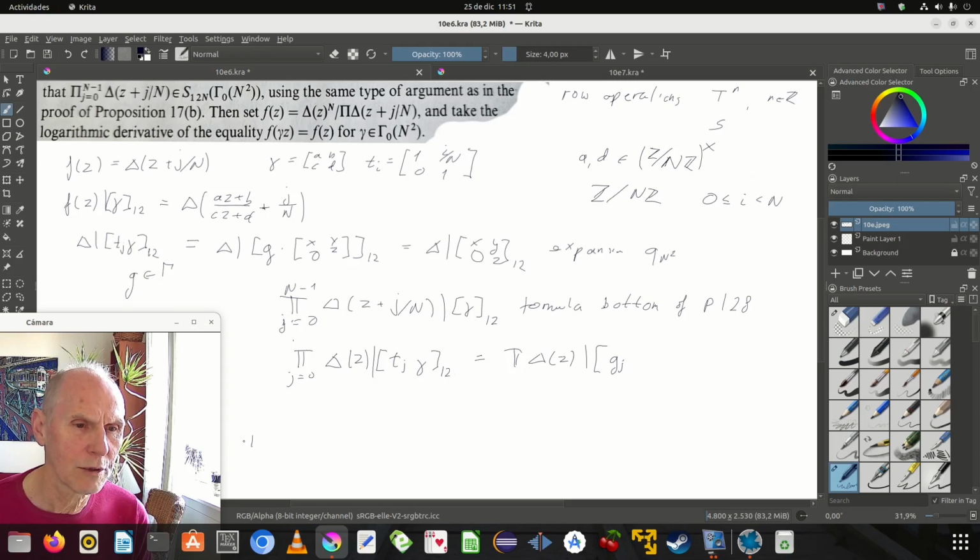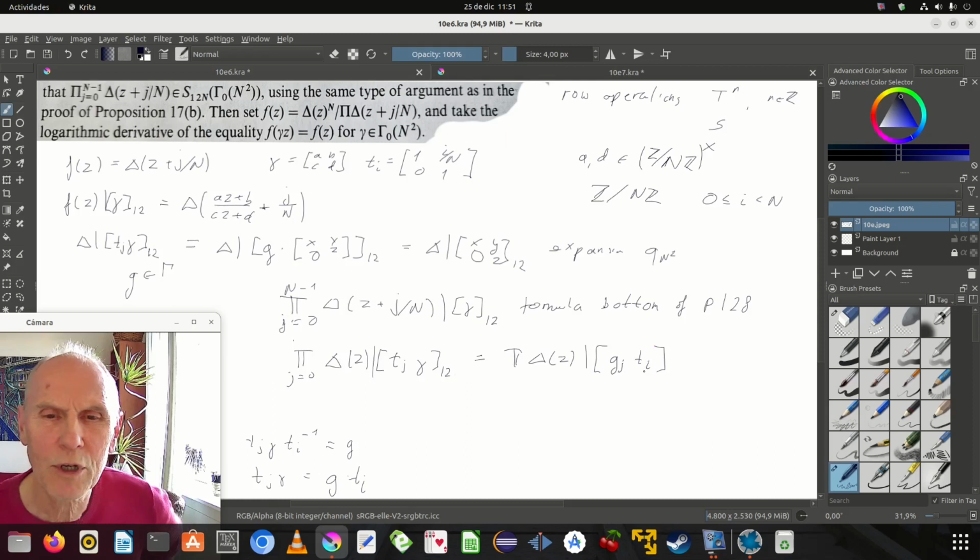So it was G J Ti minus first equals sum G, there we go, I depending on J, and we come through all the ones, and then it's invariant under Gj.